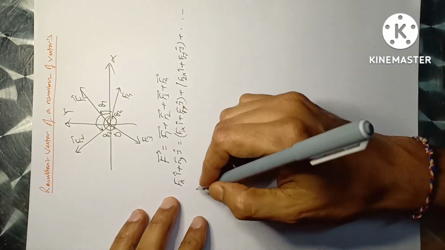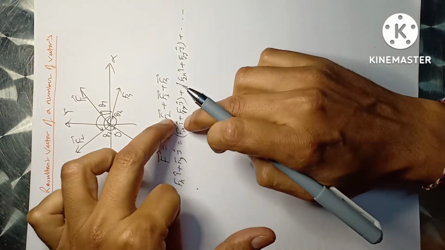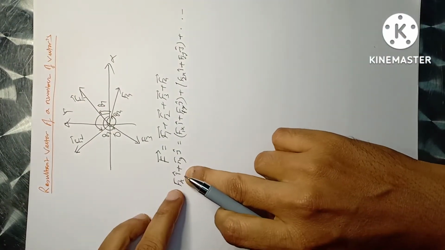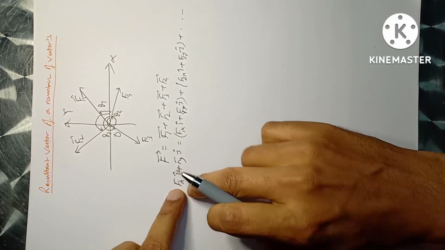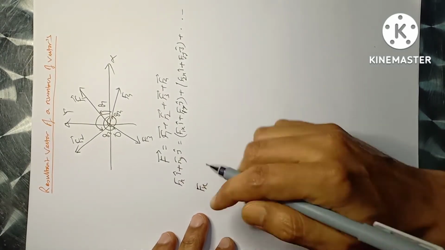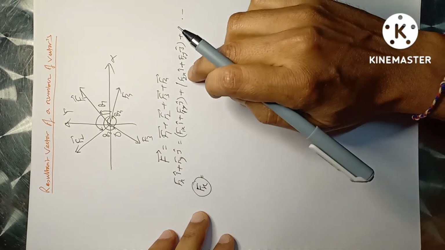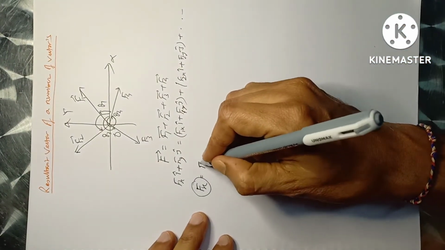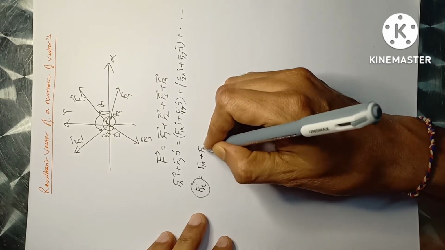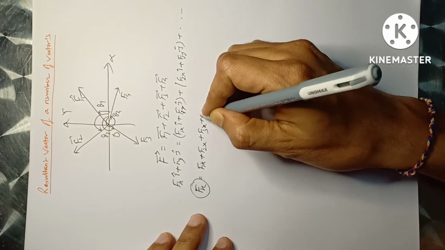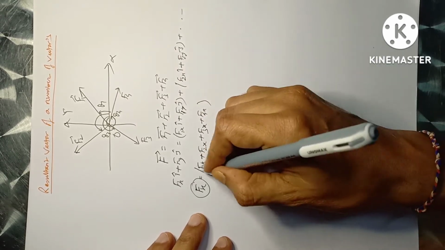So we can write fx, the i component of the resultant vector, this is the x component of the resultant vector, is the sum of the x components of all the other vectors: f1x plus f2x plus f3x plus f4x.